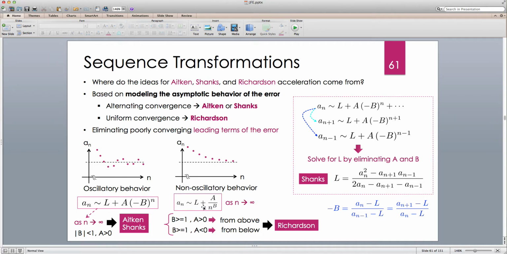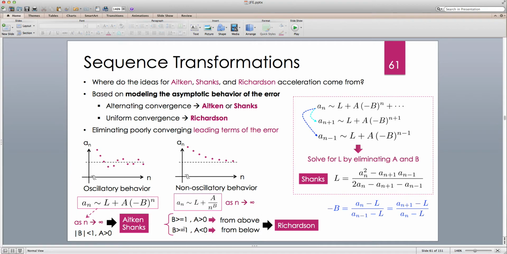And we also write the n plus 1 term. n plus 1 times a_(n+1) is n plus 1 times L plus a over n plus 1 to the b. And then n a_n is also nL plus a over n to the b.